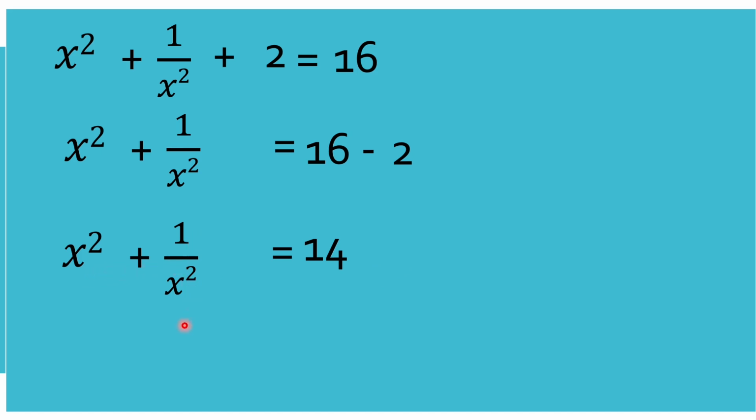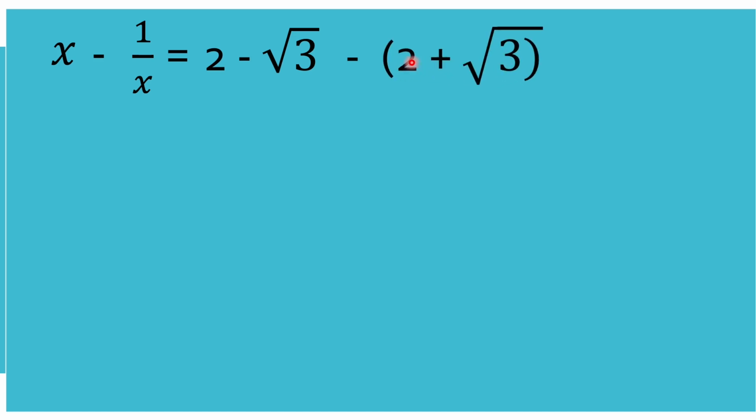And now we also find the value of x squared minus 1 over x squared. For this purpose, first we will subtract 1 over x from x. So x minus 1 over x equals, we will put the value of x, which is 2 minus under root 3, and then minus the value of 1 over x as 2 plus under root 3.